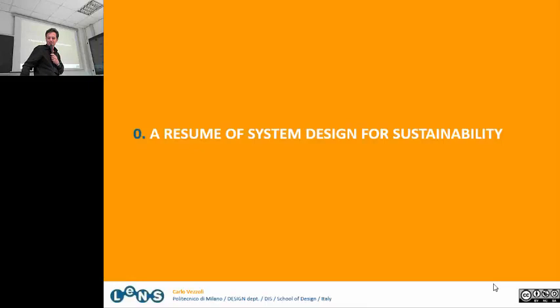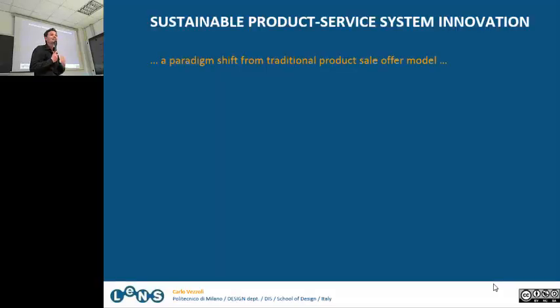So a resume of system design for sustainability. Since you are close to the written examination, you should be able to tell me what is this key paradigm shift from the traditional product sale model to the sustainable product service system model.